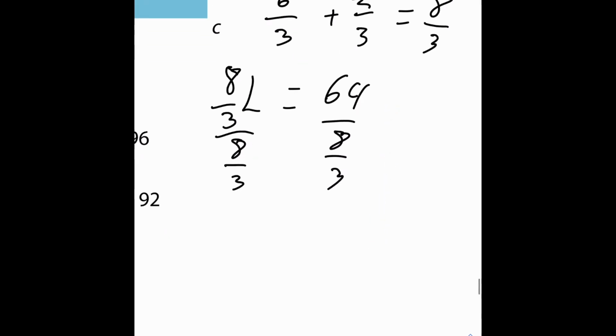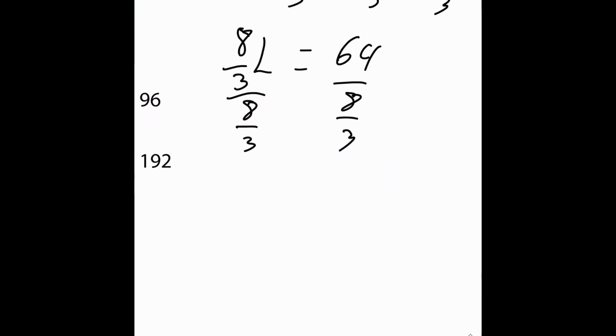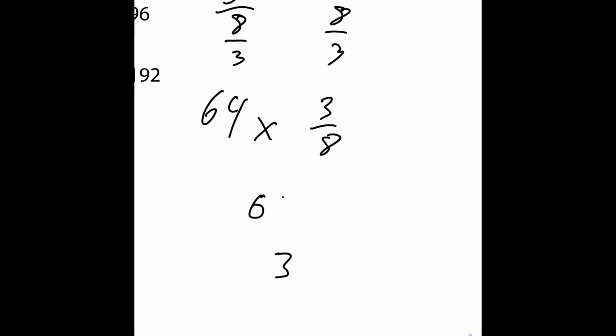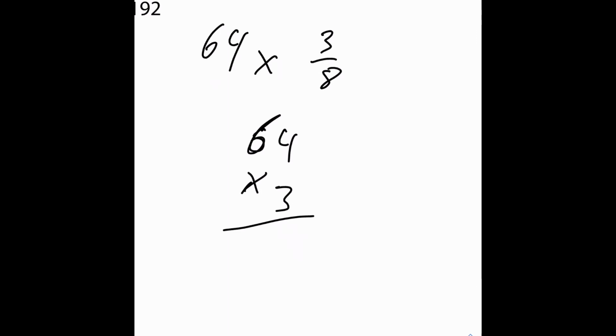Guys, if there's an easier way, please do it. This is going to take a while with me. So you get 64 multiplied by the reciprocal of 8 over 3, which is 3 over 8. 3 multiplied by 64 is not that difficult if you use old math techniques. 3 by 4, that is 12. 3 by 6, that is 18.